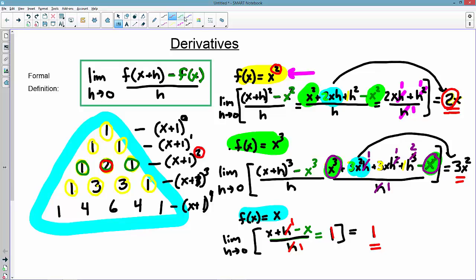In the case of the cubic expansion, this number 3. So when you take the derivative of x to the third, you get a 3 here because that's from the second term. If you were to do the derivative of x to the fourth, you would get a 4x to the third.